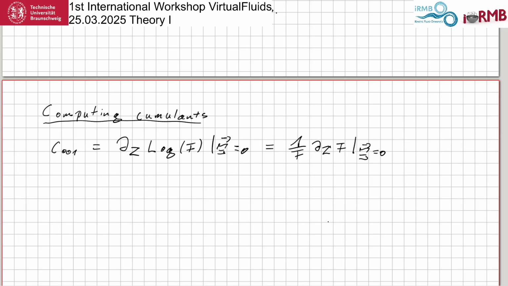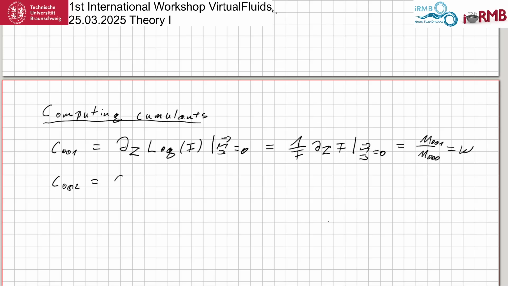If you take no derivative for xi equal to 0, then you get the 0-order moment. So what we have down here is m000, and what we have there is the first moment, so it's m001. And this is the velocity in the z direction.